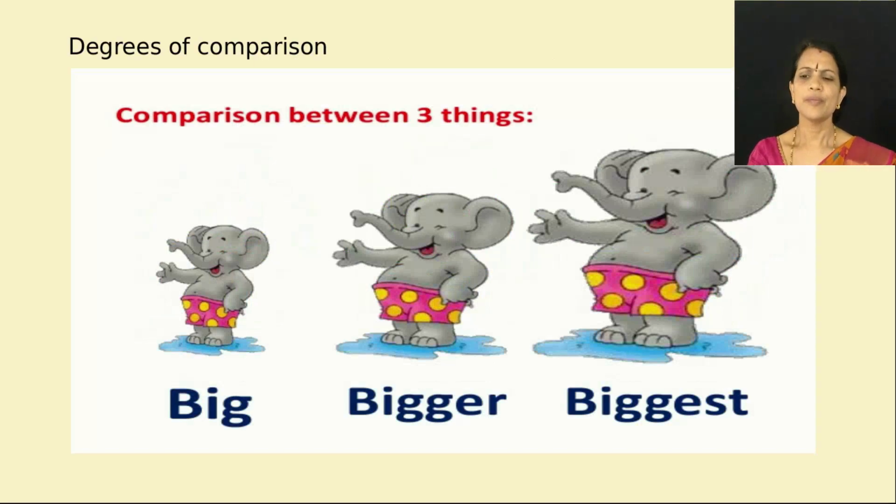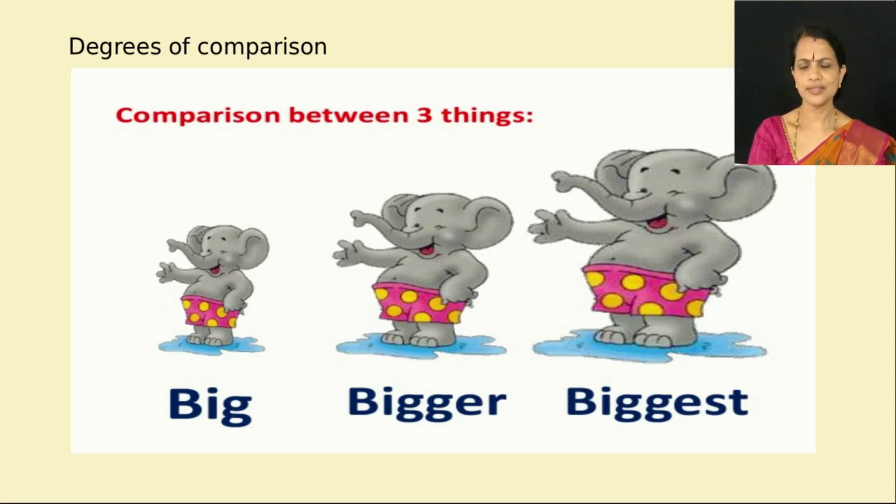Next, big, bigger, biggest. Here we see three elephants A, B, C. A is big, B is bigger, C is the biggest. Here also we use the same sentences for positive.